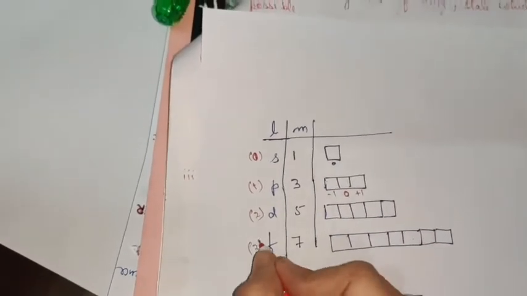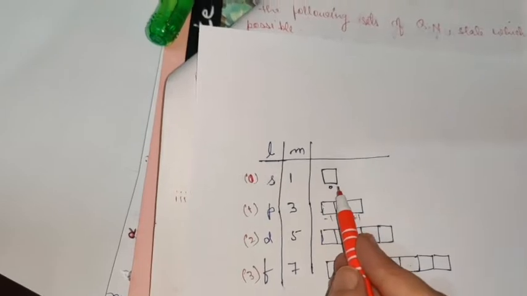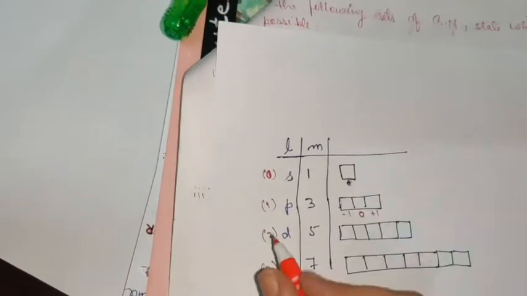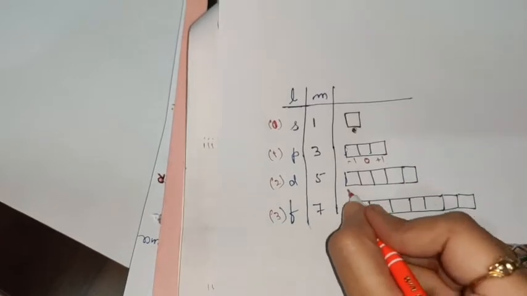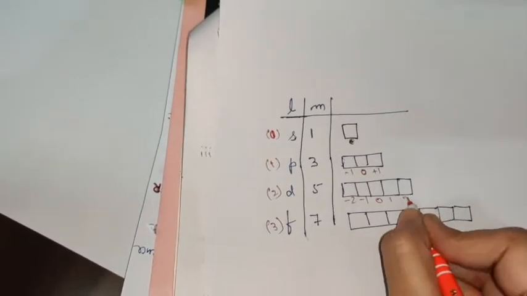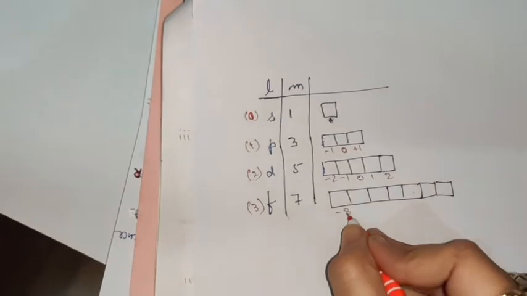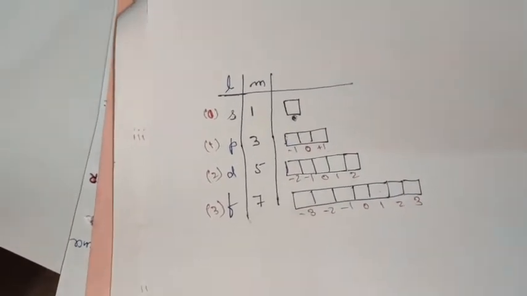So m is equal to minus l to plus l. So for S this will remain 0, and in the case of P it will be minus 1 to plus 1. For D it will be minus 2 to plus 2. For F it will be minus 3 to plus 3. So I hope this is clear to you.